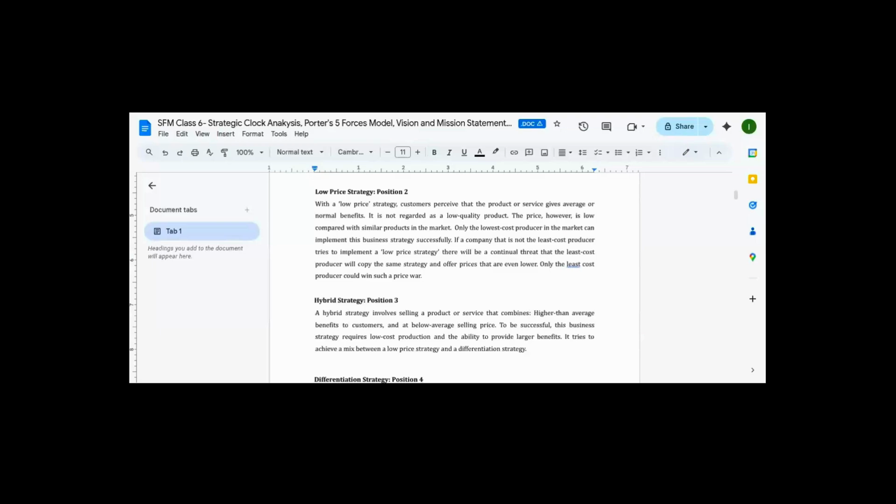You can see the example I put here. The example says that a company tries to achieve a mix between a low price strategy and a differentiation strategy. That is hybrid. We sell at a penetration price, lower price or reasonable price, and the product that we offer is a differentiated product.